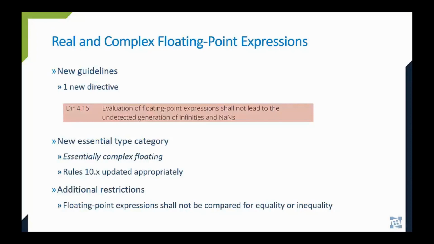The new document also introduces the concept of the essentially complex floating type category and updates the rules from the essential type model section of the MISRA C guidelines to restrict incorrect use of complex floating point type expressions. It also gives some additional restrictions on the use of such expressions. For example, it disallows comparing them for equality, which may result in unpredictable behavior due to the nature of the floating point types.